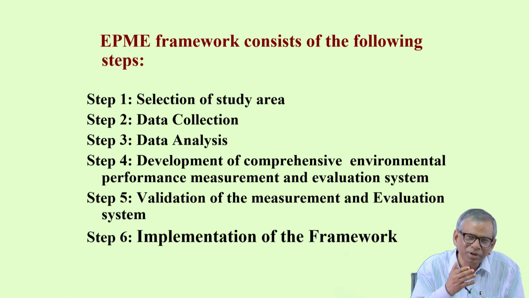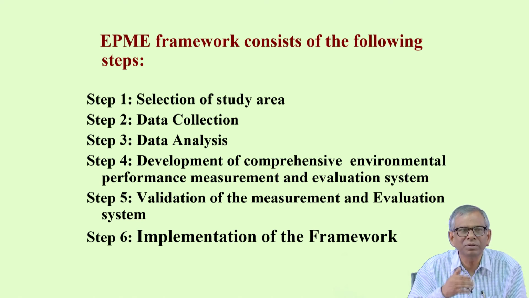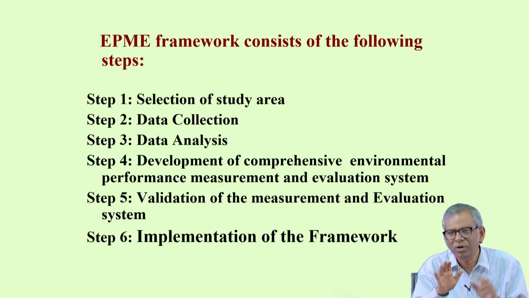Then you have to follow a step-by-step approach in the closed loop. You know the difference between open loop and closed loop, a closed system and an open system. So it has to be a closed loop. That means there must be trial and error. You never know. You start with an approximate model, and ultimately, with a lot of trial and error, you come out with a comprehensive implementable model.